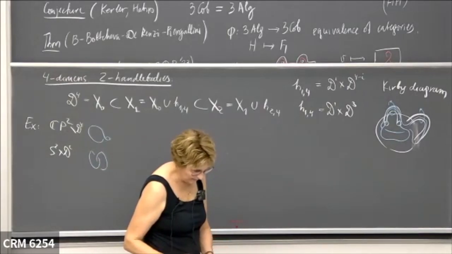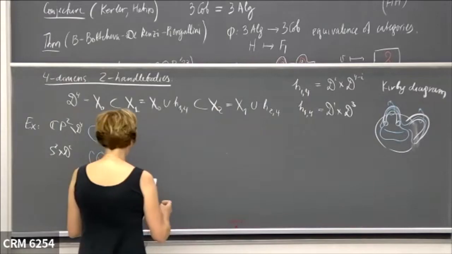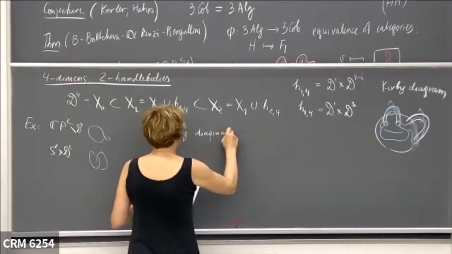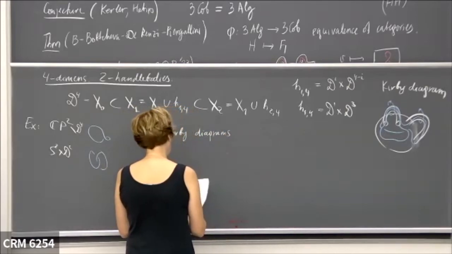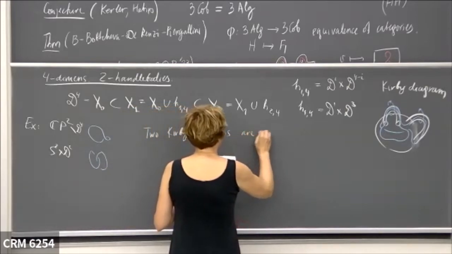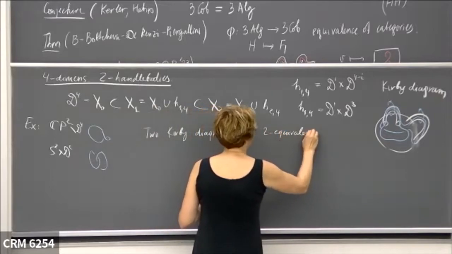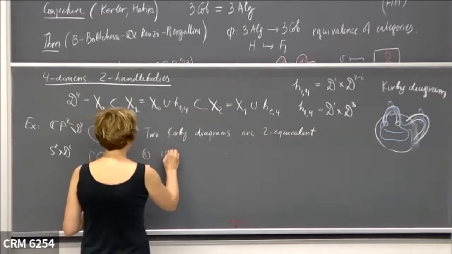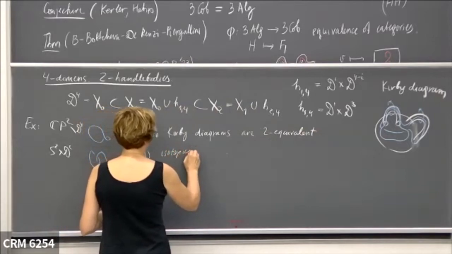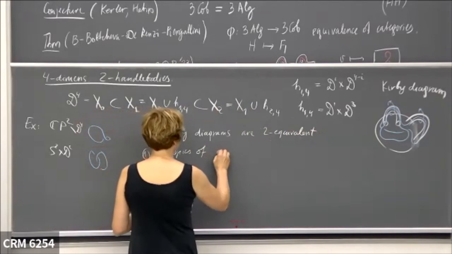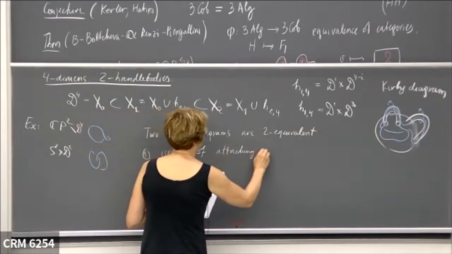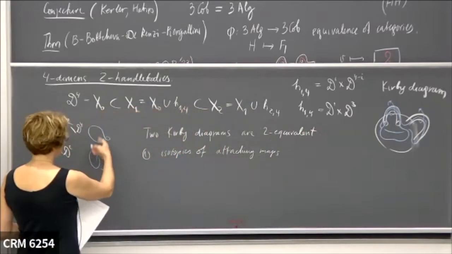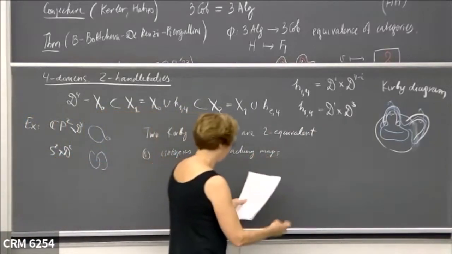Consider two such Kirby diagrams, which I'm drawing in blue. You consider them to be equivalent if they can be related by isomorphism of attaching maps. So this means just planar isotopy of these diagrams.